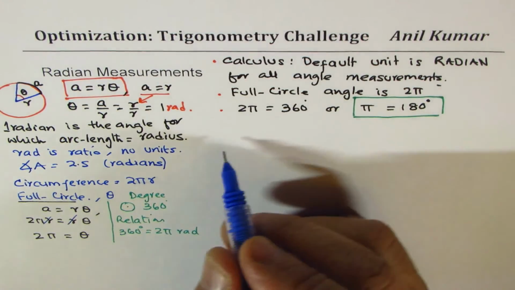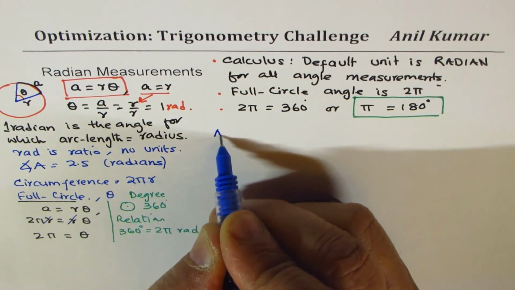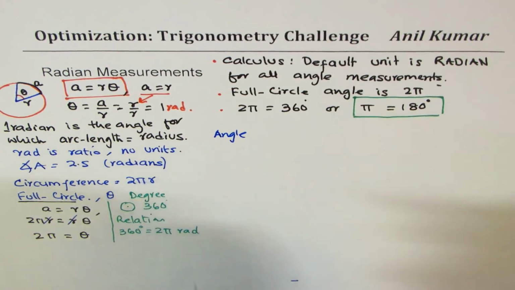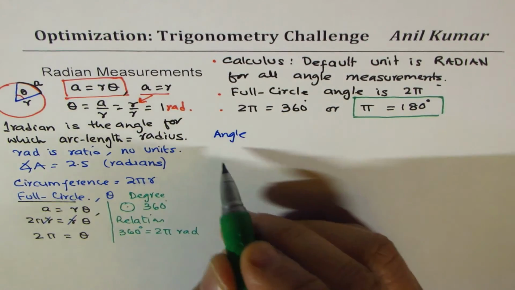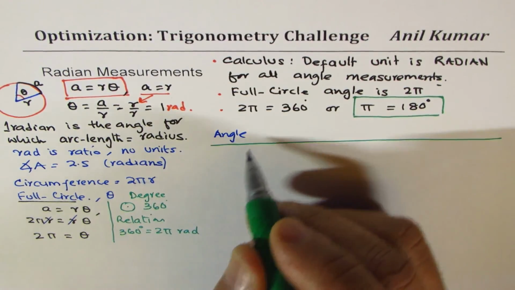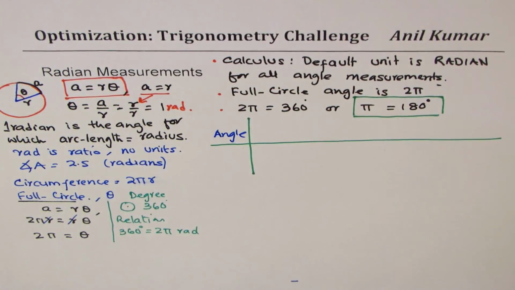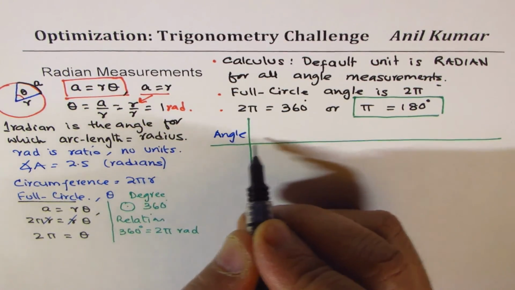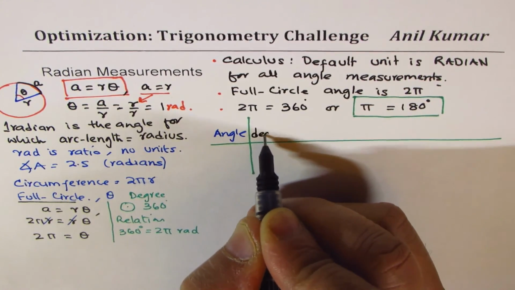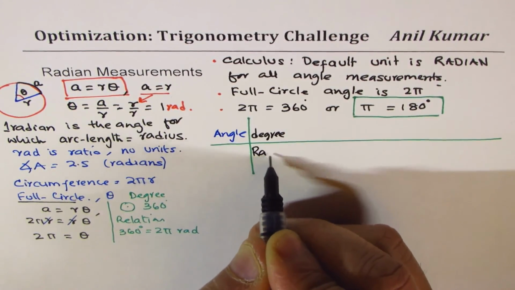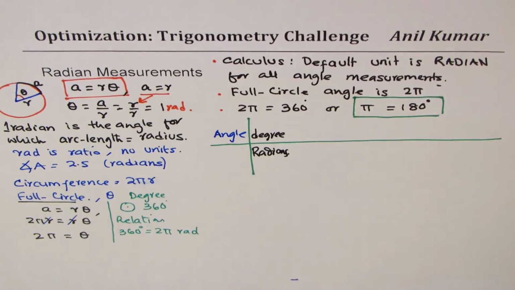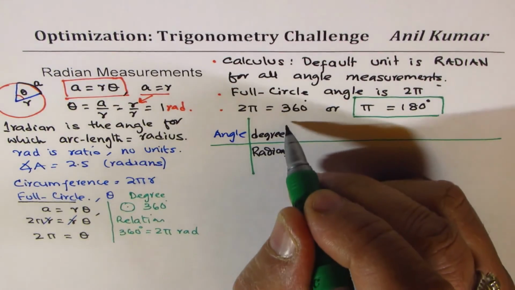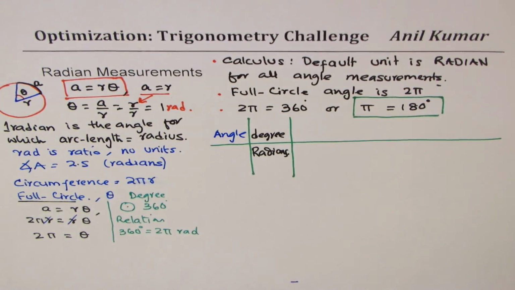Very useful, let me write down angles in degrees and radians for you, especially the ones which we are going to use many times. Let me give you a few examples here. So let's just say angle in degrees and in radians. We'll write down a few relations between degrees and radian angle.